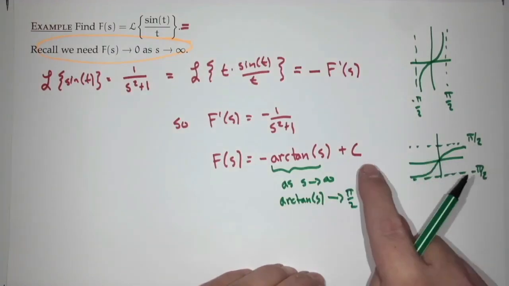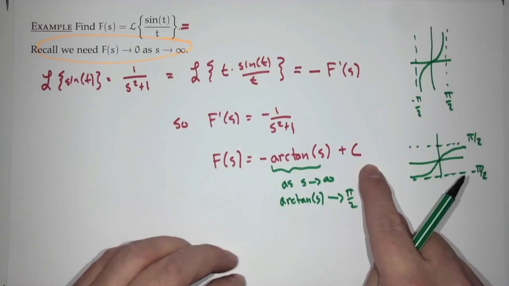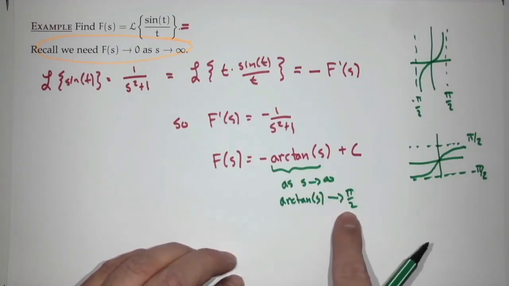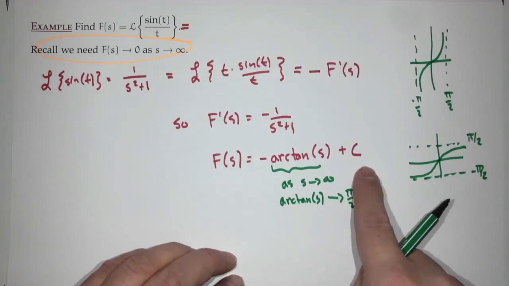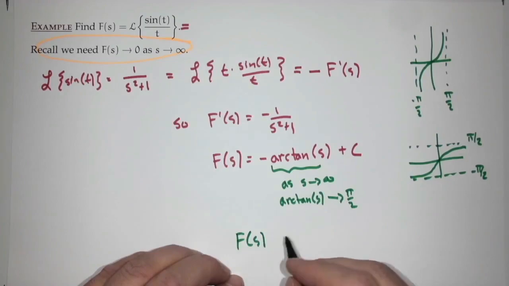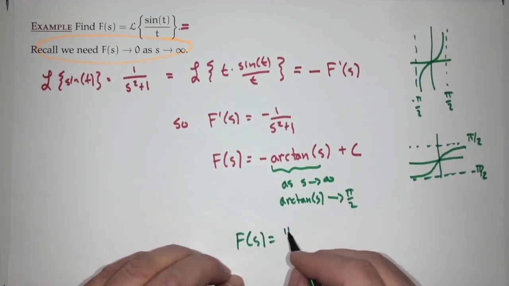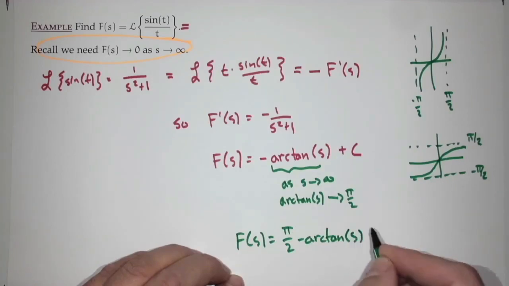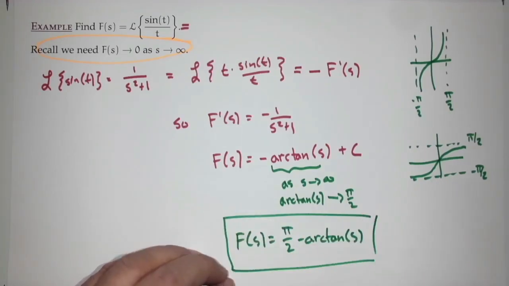So what does C need to be for this to work? So we have negative pi over 2 already, so we need to have C be pi over 2. So f of s is pi over 2 minus arctangent of s. All right, good. But I said that's not the punchline.